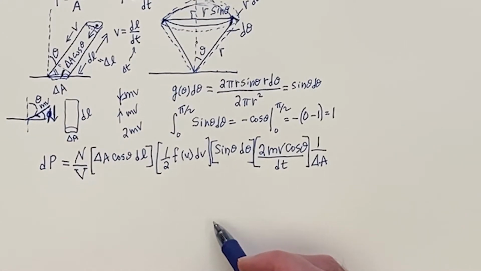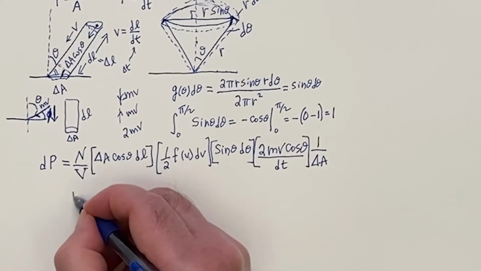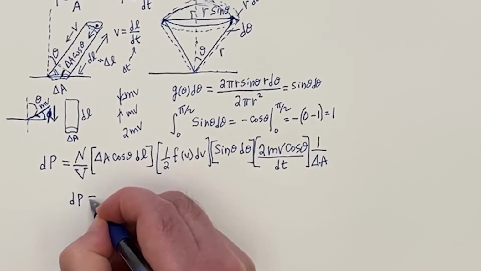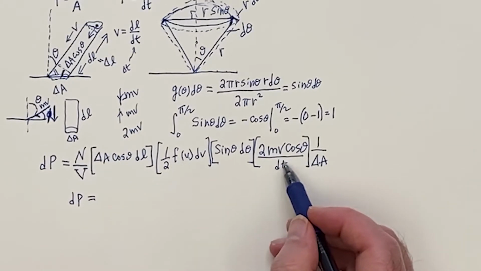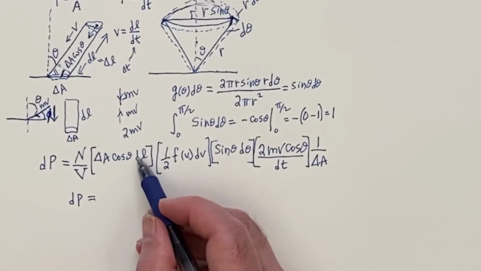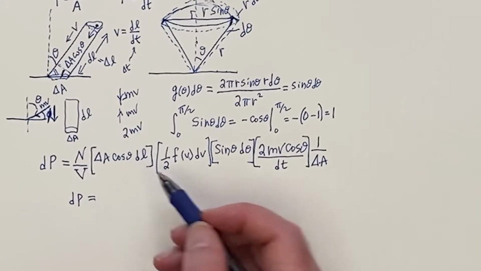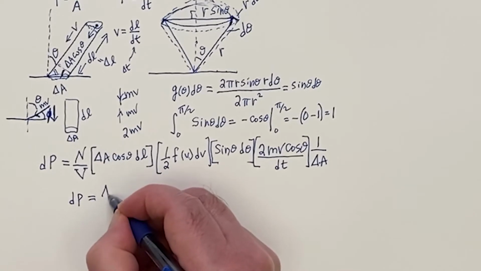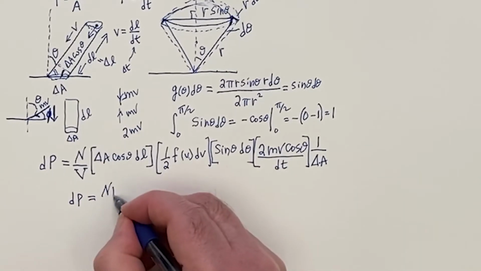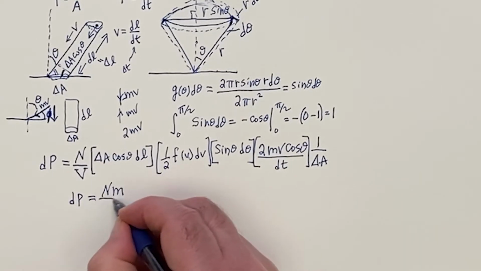Okay, so now it's a matter of just collecting everything. If it was your preference to use a delta t there, or a capital delta, it doesn't matter. So here we have N, and say the mass, and let's divide by the volume.